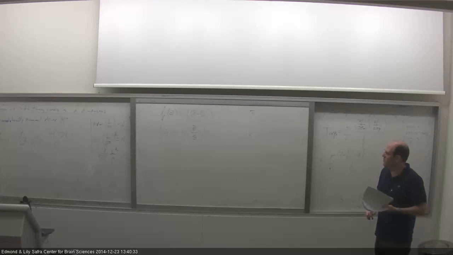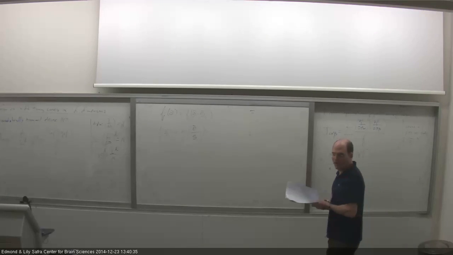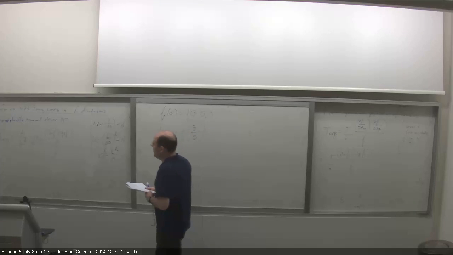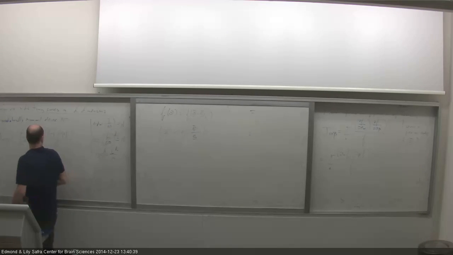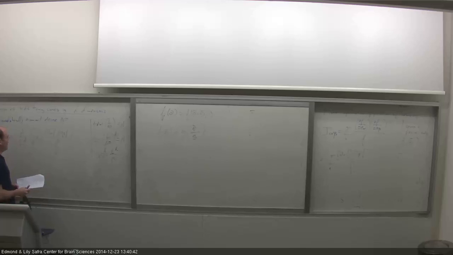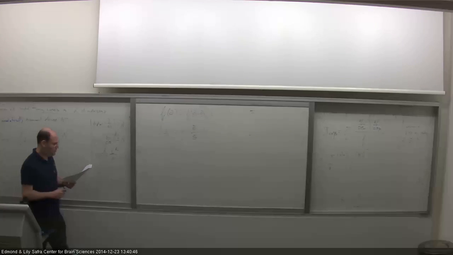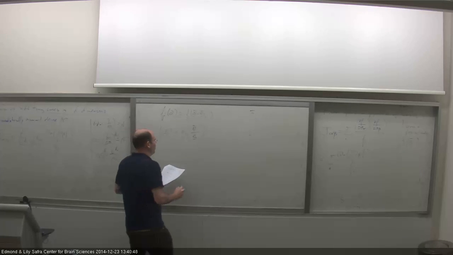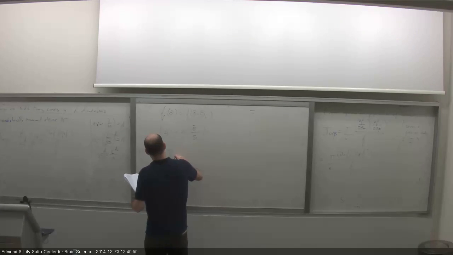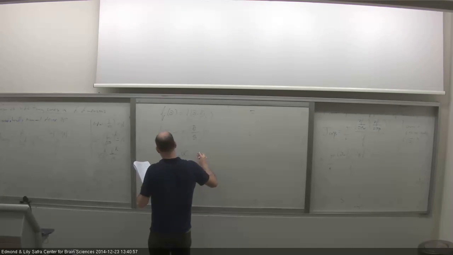If I repeat everything that I did in the one-dimensional case, and this I will leave for you to do, what I get is that J_αβ, instead of being proportional to 1 over s, is proportional to s to the power d minus 2.